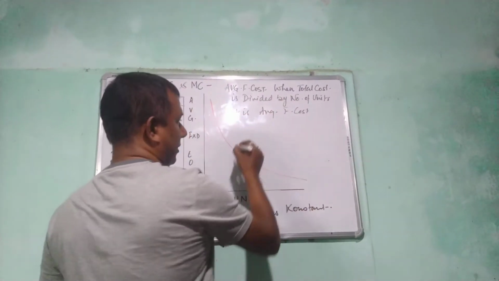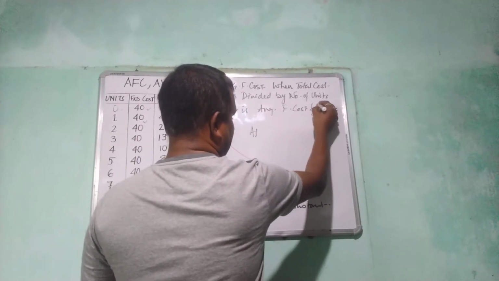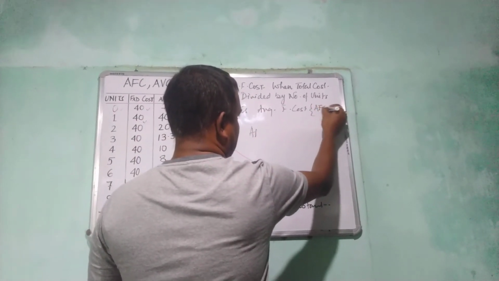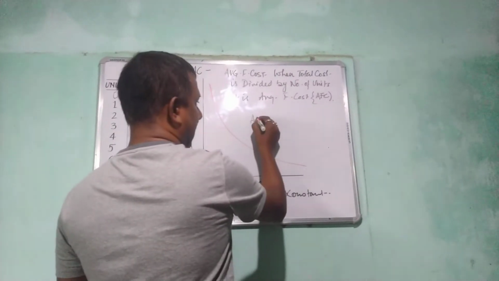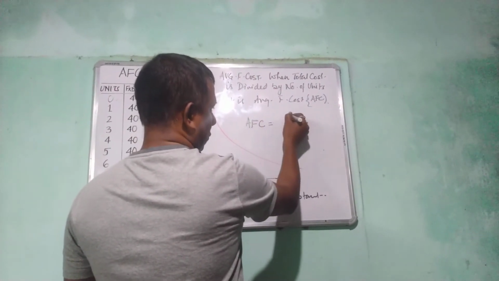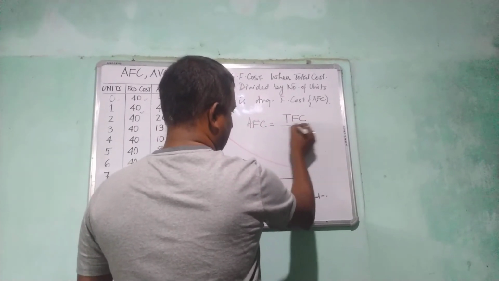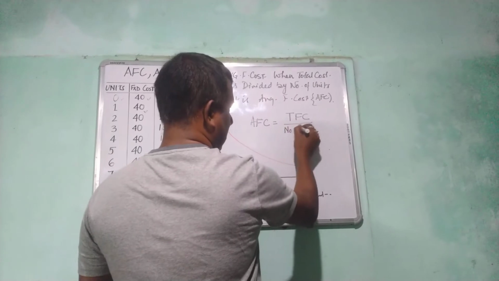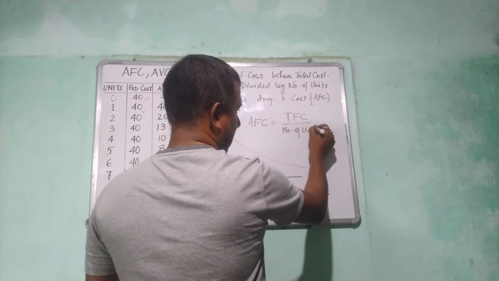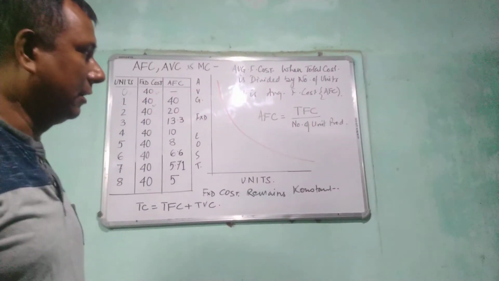That is denoted by AFC. Clear? Now AFC is equal to TFC divided by the number of units produced. That is what AFC means.